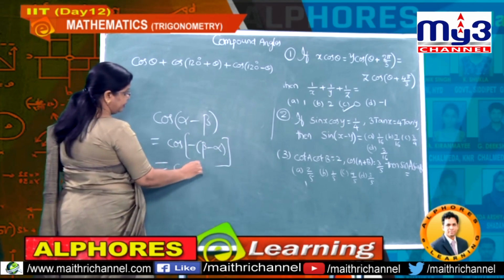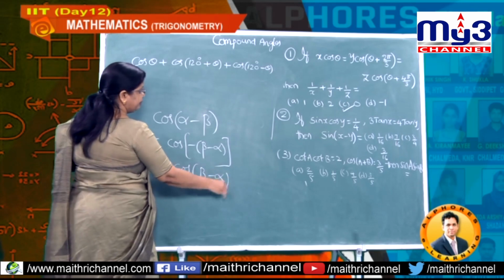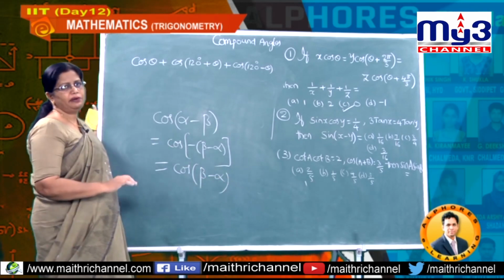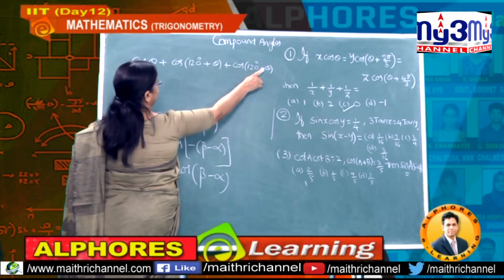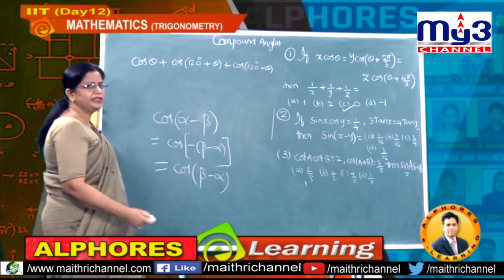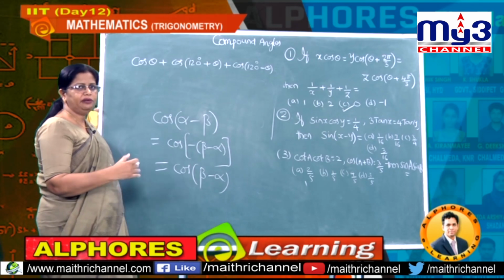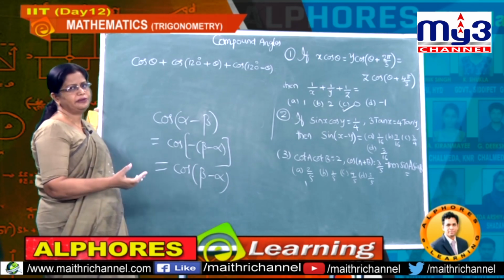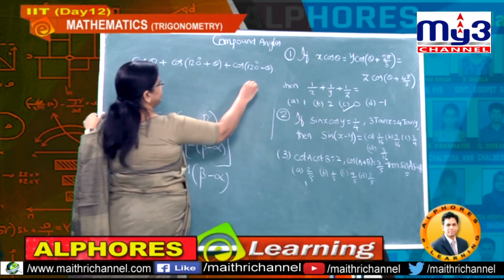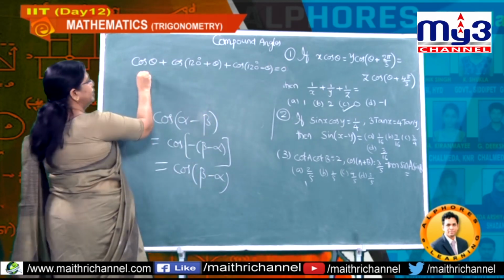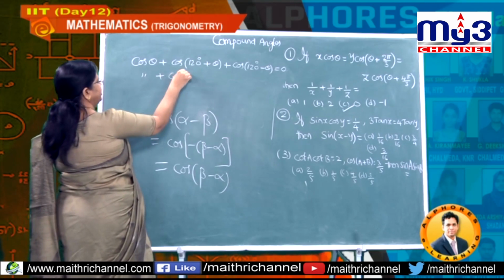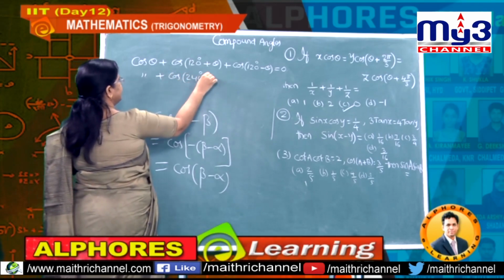That's why if you write alpha minus beta or beta minus alpha, both remain the same. That's why, here this one is 120 minus theta. Sometimes they give even theta minus 120 also. Then also the answer is how much here? 0. So instead of 120, even if I write 240 degrees, then also our answer is 0.